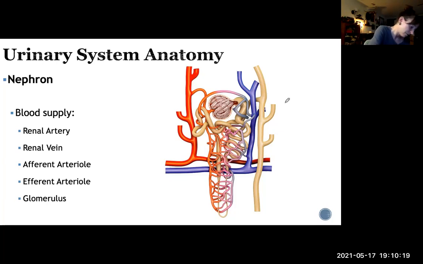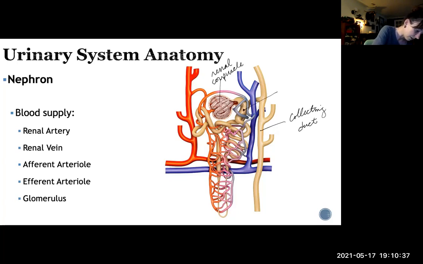Okay, so we've got the collecting duct right here. We've got the renal corpuscle right here.